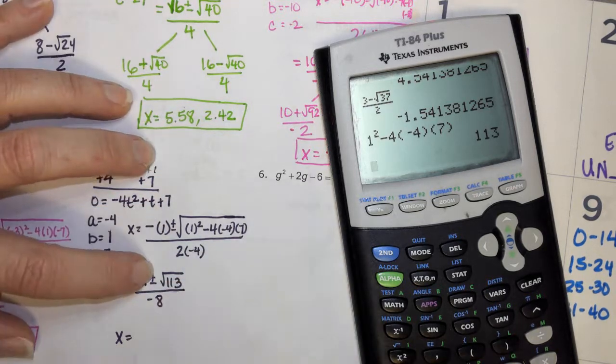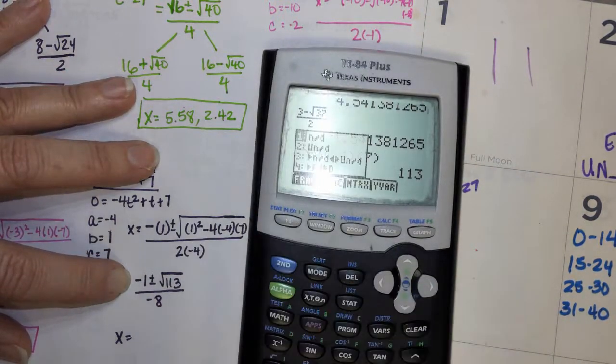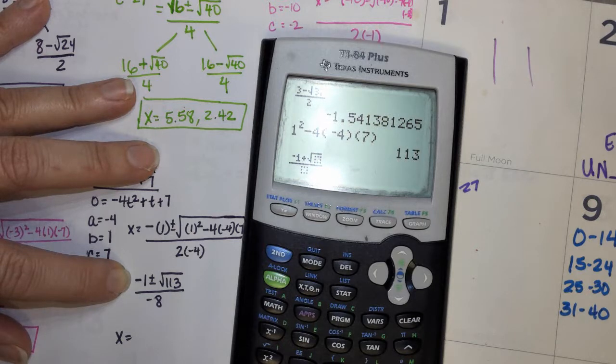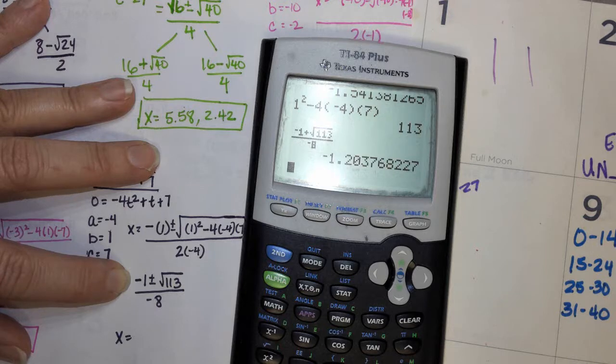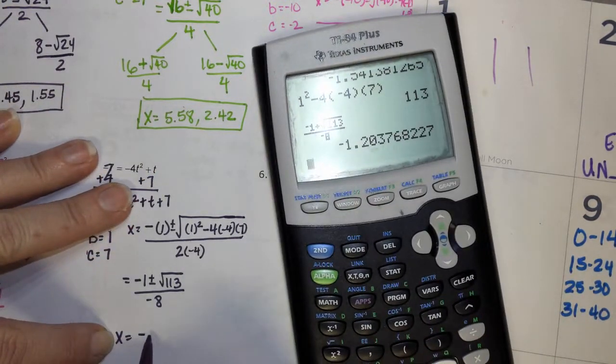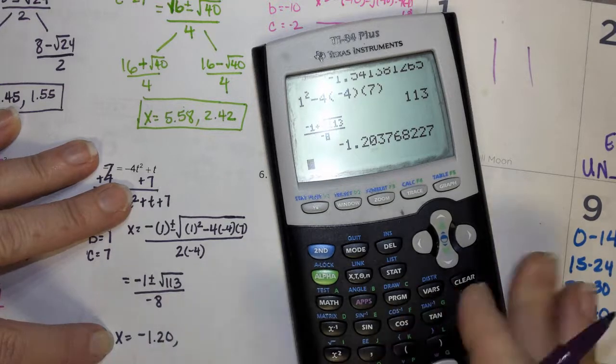So now starting with the addition, I have negative 1 plus the square root of 113 divided by negative 8. So rounding to the nearest hundredths, I would have one solution as negative 1.20.